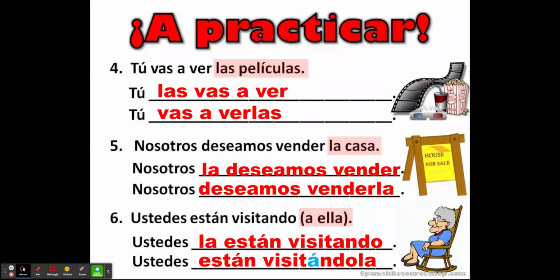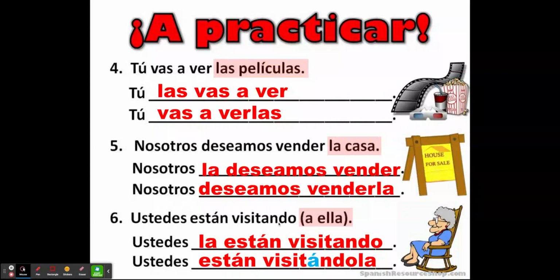Están visitándola. Now we have something here that is different. First of all, look at this. This visitando is progressive form. They are visiting her. When you have that visitando, this form is progressive tense.